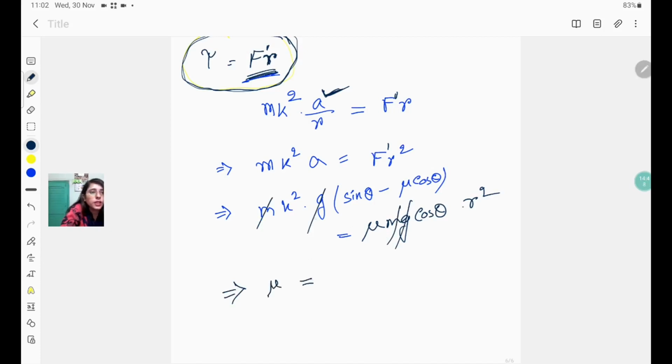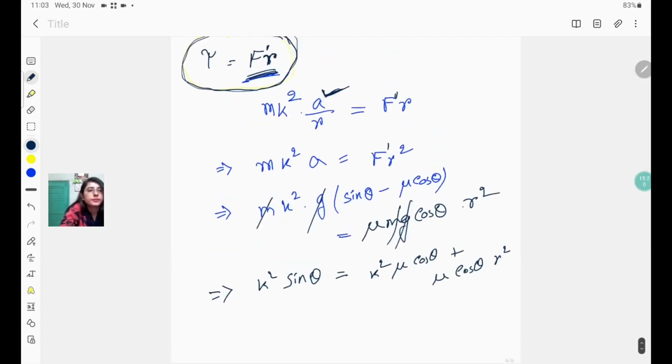So we need to take all the mu's together: k square sin theta will be equal to k square mu cos theta plus mu cos theta R square.